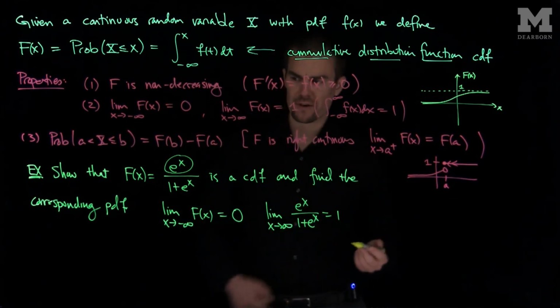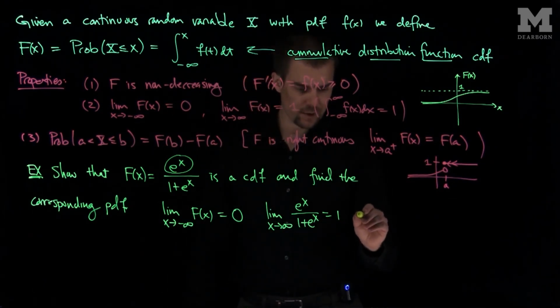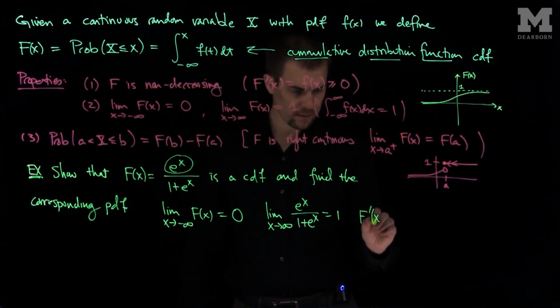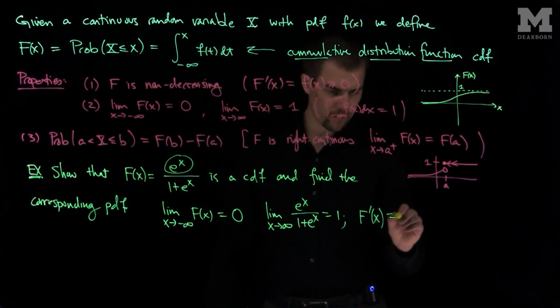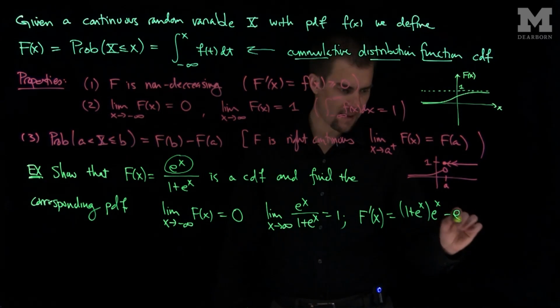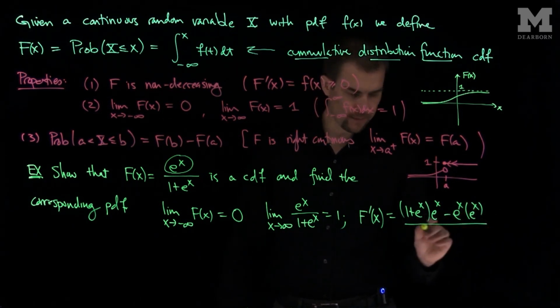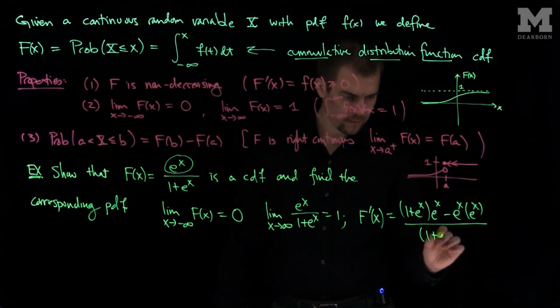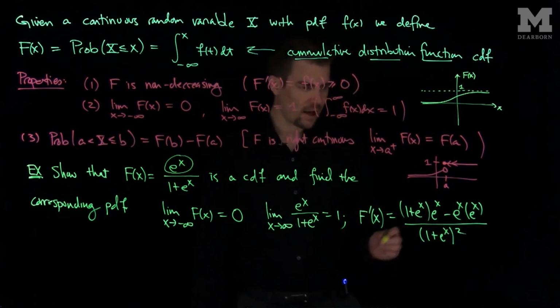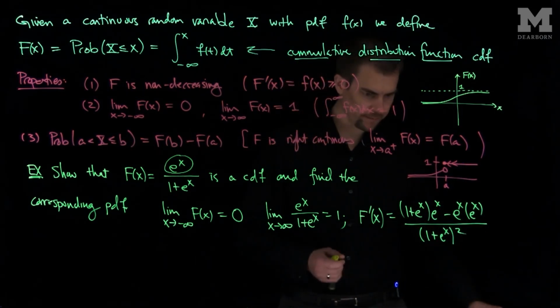And let's compute the derivative of this function and see what we get. So the derivative of this function, F capital, will be equal to the bottom times the derivative of the top minus the top times the derivative of the bottom over the bottom squared. And we see over here that these terms are going to cancel.